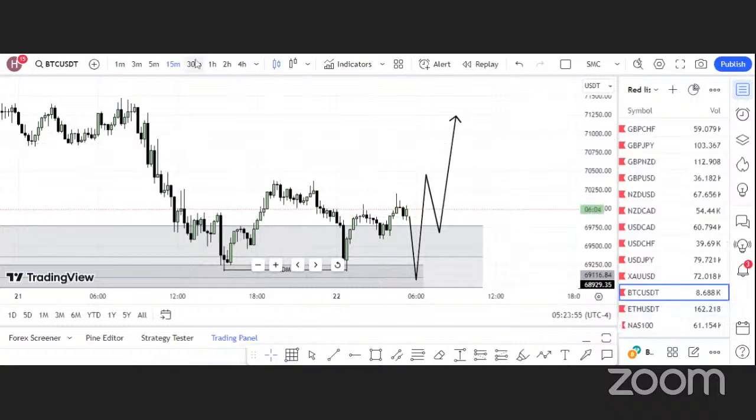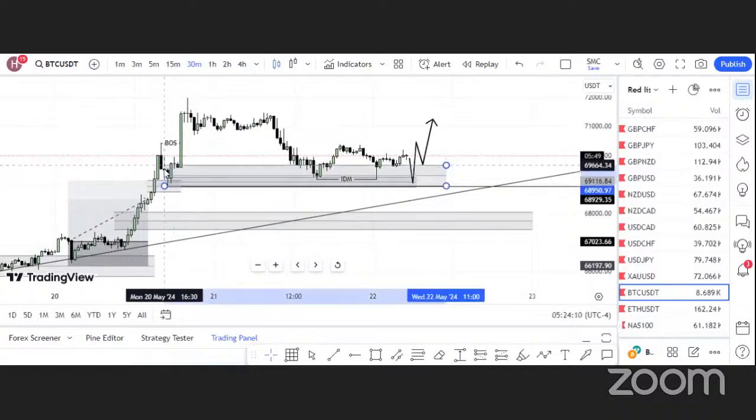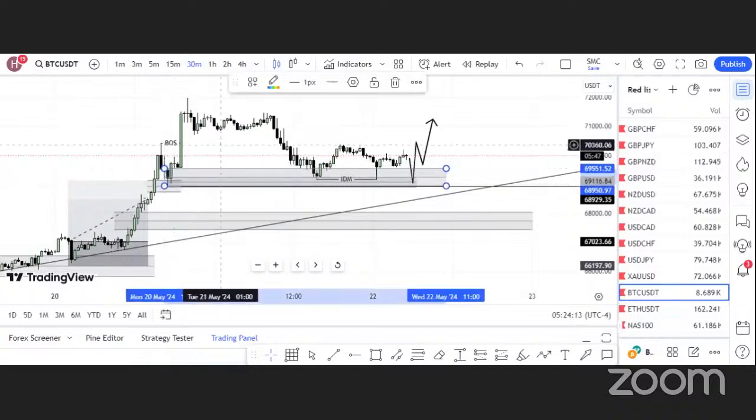All right, so that's it for BTC USDT. That is it for BTC USDT.